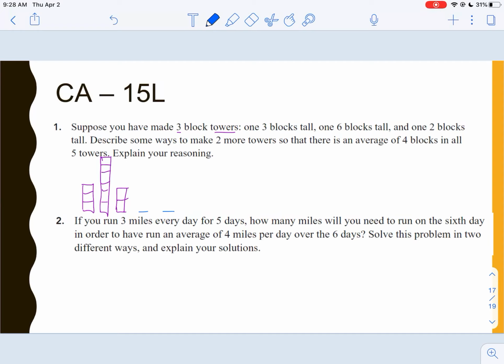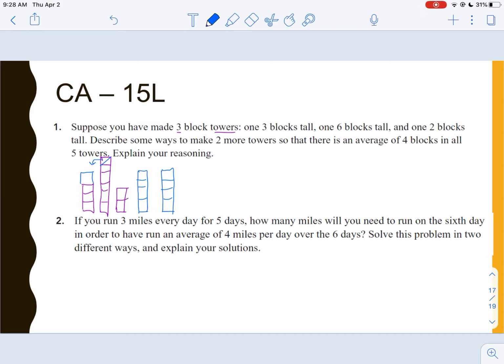So I'm just going to start stacking. I'm thinking, okay, I want 4 in each, so why don't I just make these 4? And then I'm thinking, okay, well, this one's too tall, so let's move this one down here. So now this one's gone, but I have 4 here.